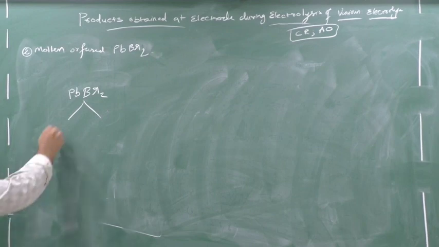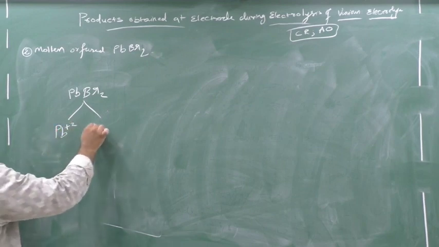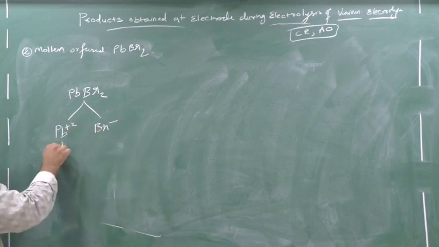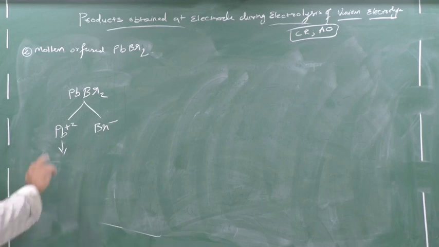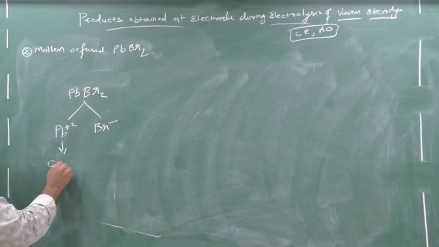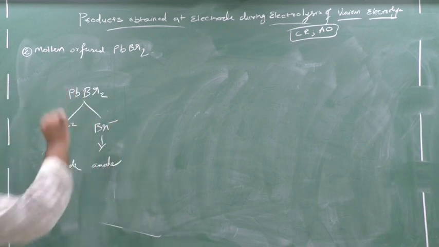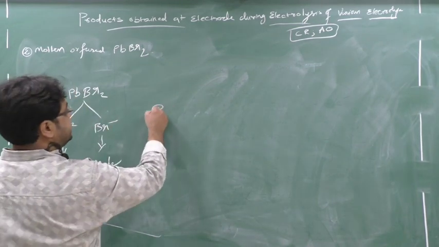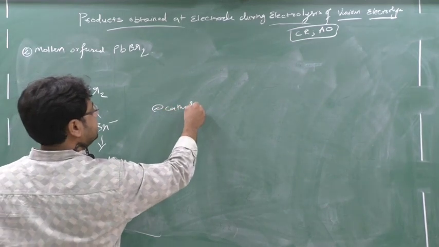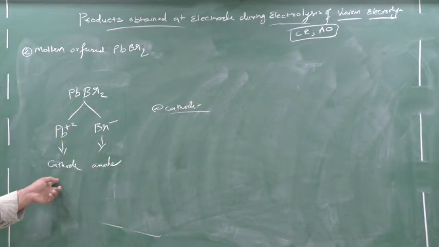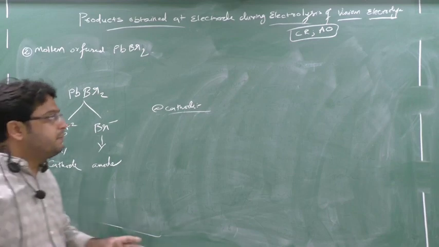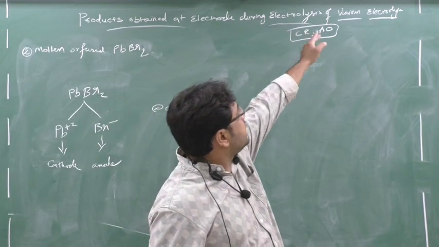Again you split it, that is Pb plus 2 and Br minus. So this is positive, it will move towards the negative electrode, that is the cathode, and Br minus will move towards the anode. Clear? So first we will see at cathode. At cathode what occurs? Reduction. Please remember, cathode, reduction, anode, oxidation.